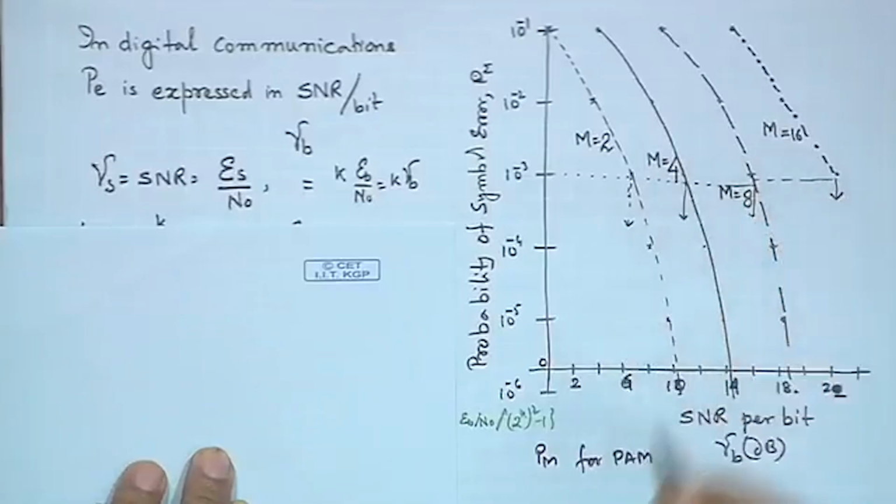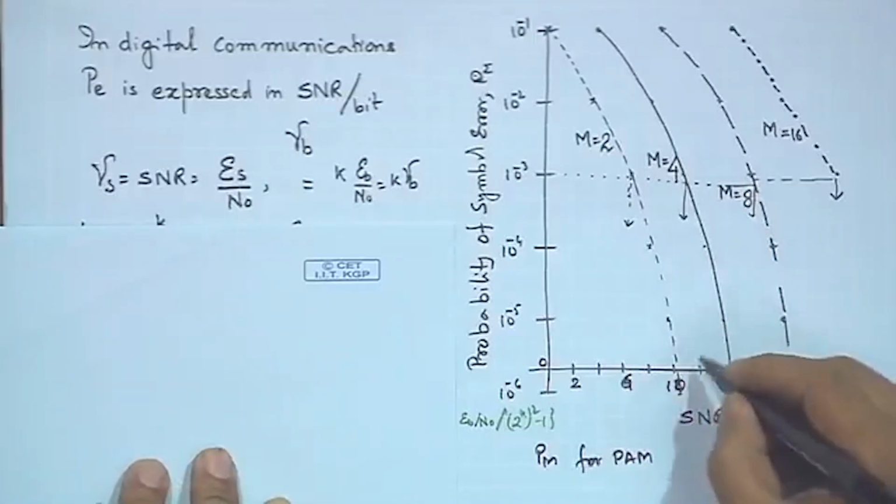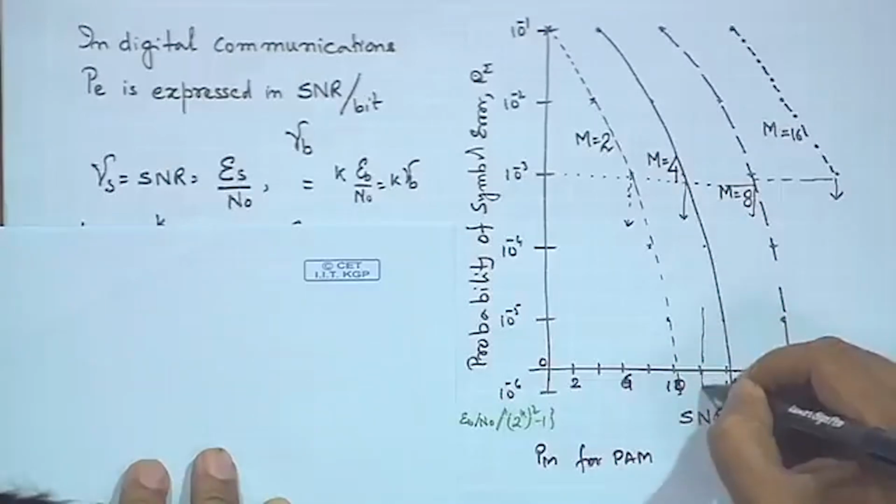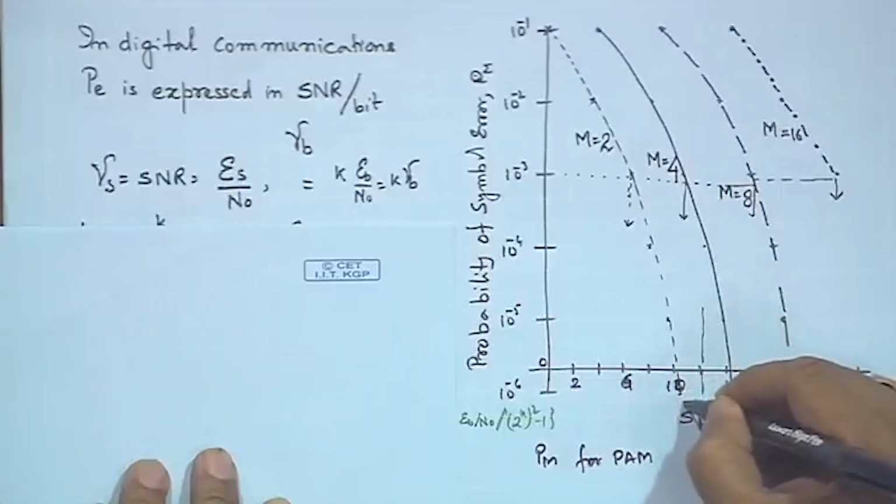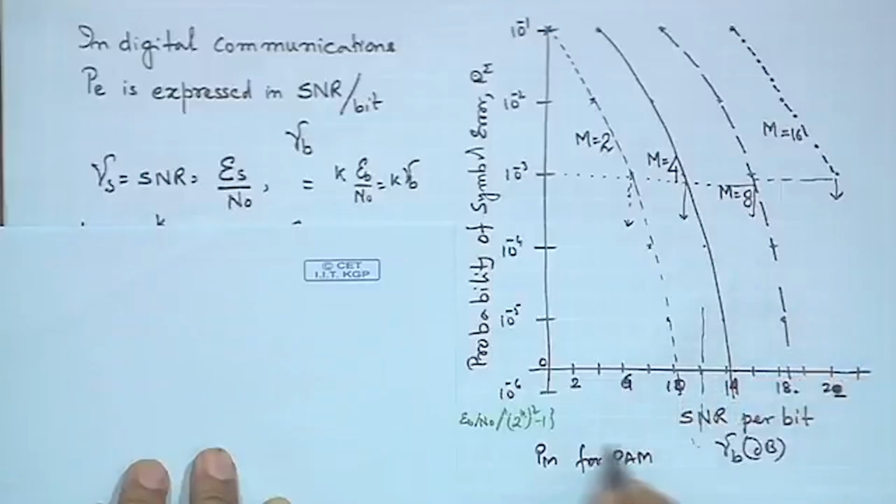The other notion is, given an SNR per bit, there is a certain probability of error for M equals 2, which is approximately 10 to the power minus 7 over here for the particular case that I am considering.